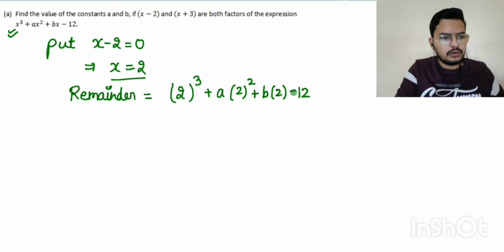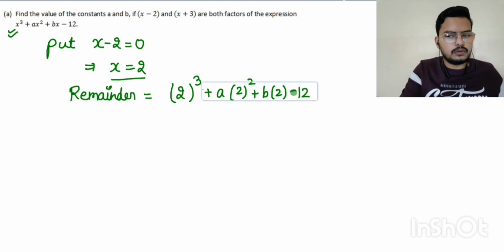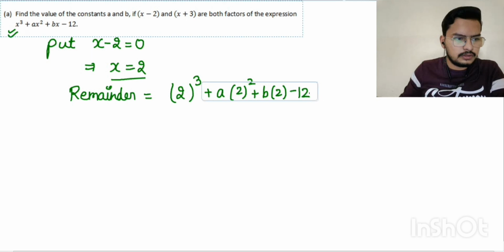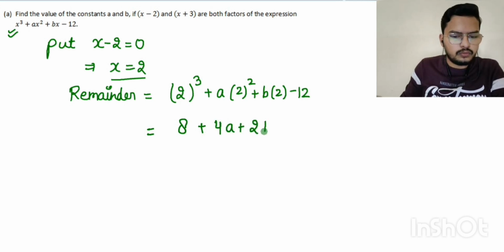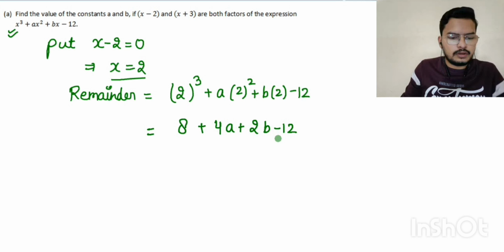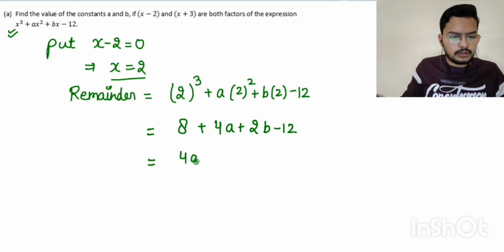Now you just have to solve this expression: 2 cube is 8 plus 4a plus 2b minus 12, right? So this is exactly 4a plus 2b minus 4, right?